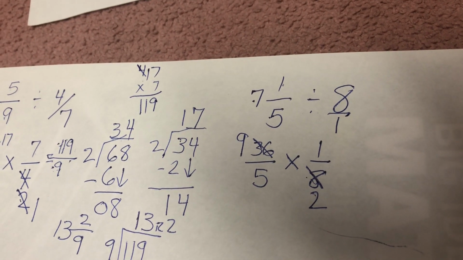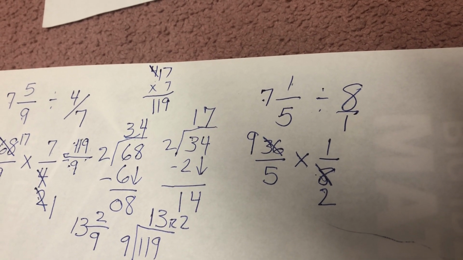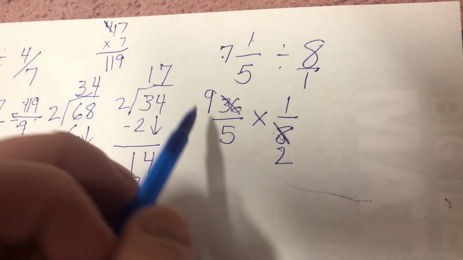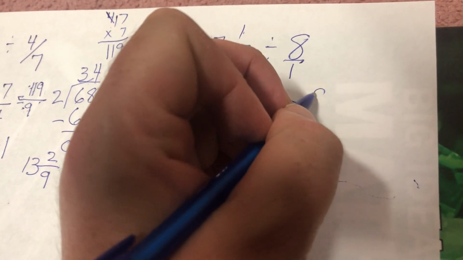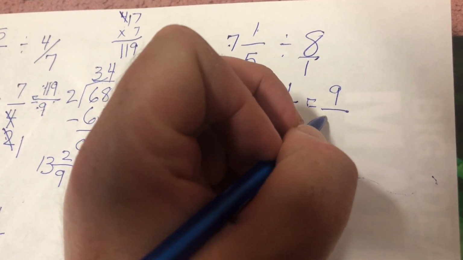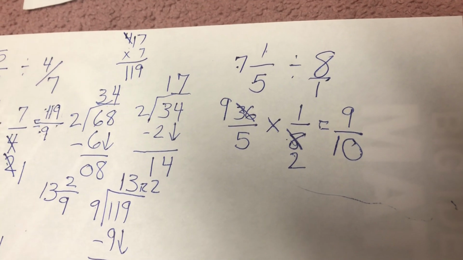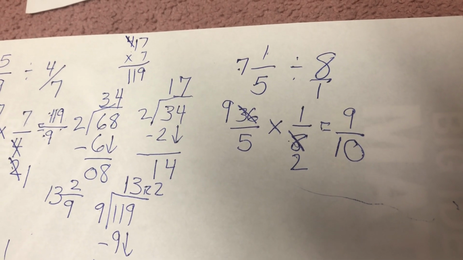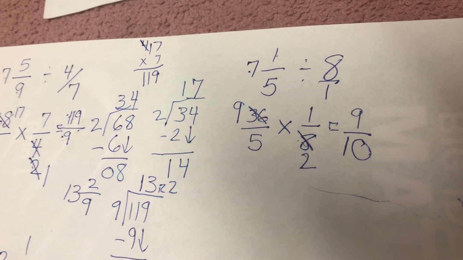All right, and I don't think 2 and 9 can go any smaller, so I'm pretty confident that I can go ahead and multiply. Well, 9 times 1 is equal to 9, and 5 times 2 is equal to 10. It's not an improper fraction, and sure enough, the only number that can go into both 9 and 10 is 1. That's the joy of it.